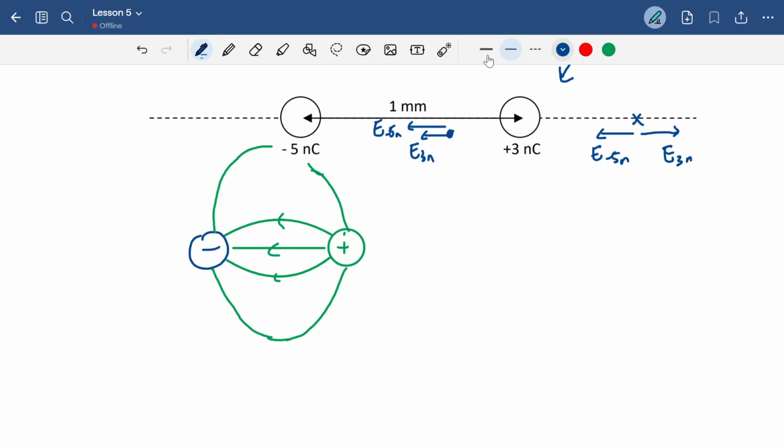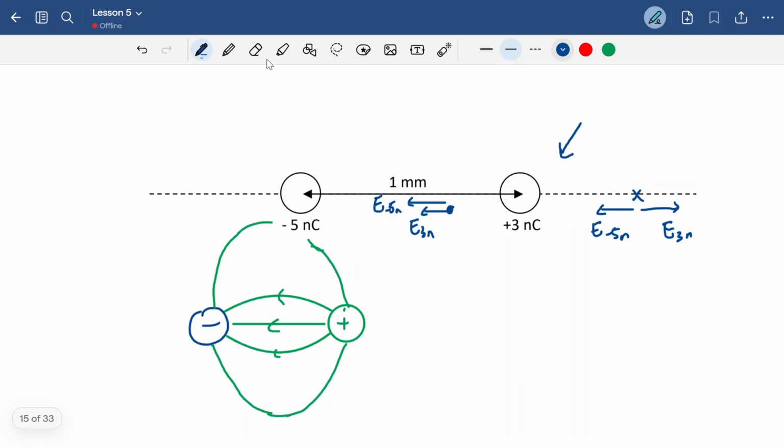So you solve by letting this distance be r.